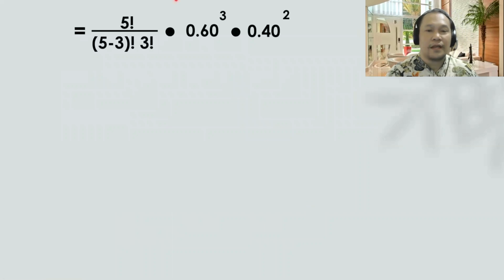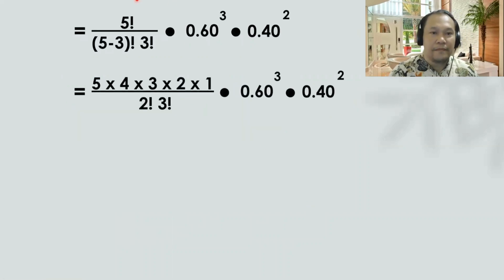And then 5 factorial is equal to 5 times 4 times 3 times 2 times 1 all over 5 minus 3, which is 2, factorial, then bring down 3 factorial, times 0.60 raised to 3 and 0.40 raised to 2, or 0.60 cubed and 0.40 squared.